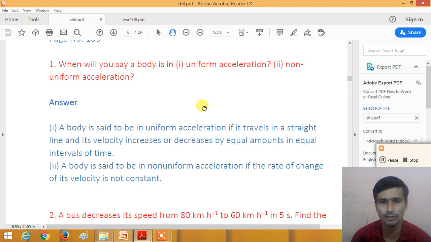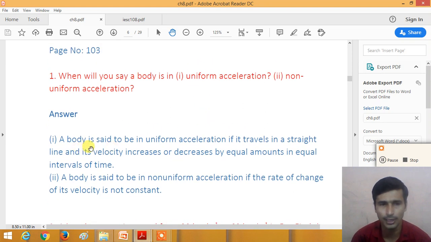The answer: a body is said to be in uniform acceleration if it travels in a straight line and its velocity increases or decreases by an equal amount in an equal interval of time.